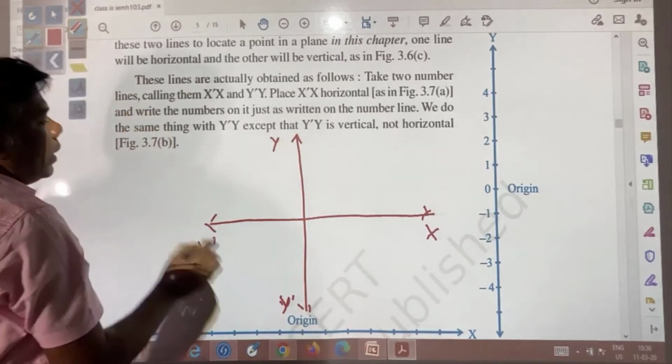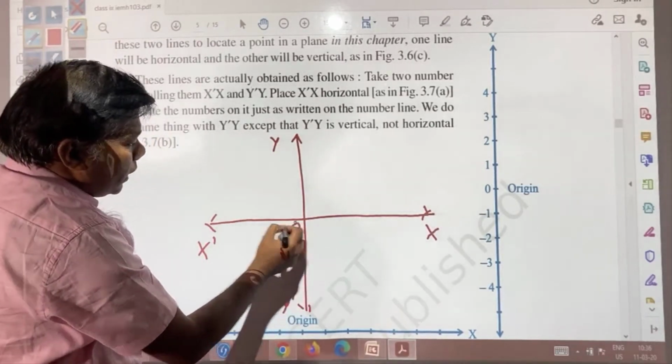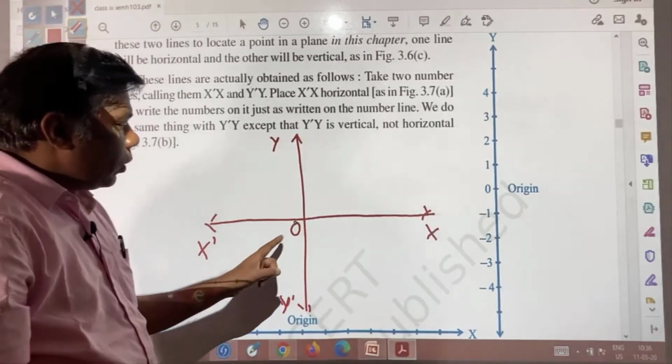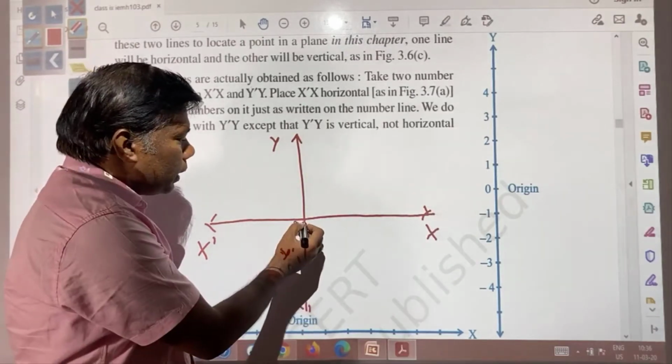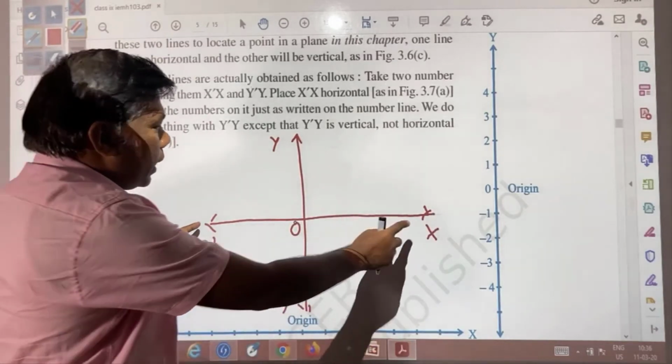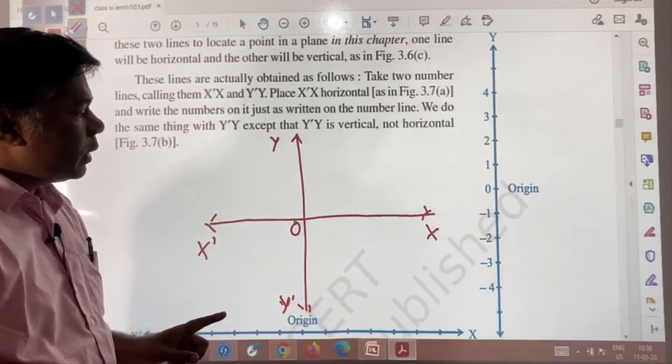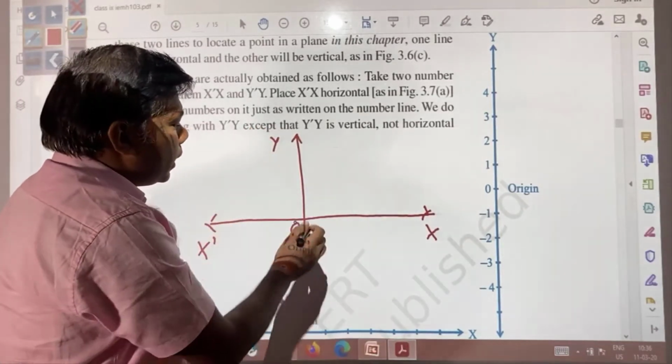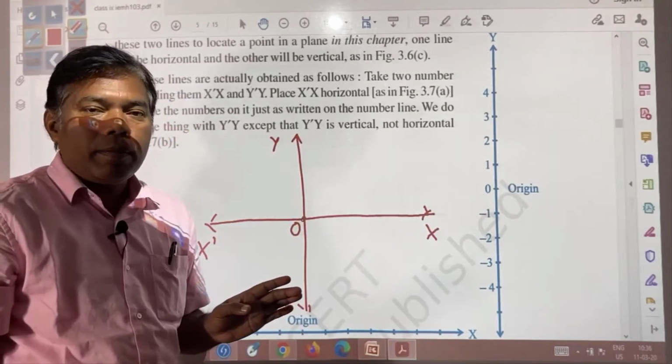And this intersecting point is denoted by O, where numbers start with 0, and this is called the origin. So a horizontal line and a vertical line, two lines are taken, and where they intersect, this point is called the origin.